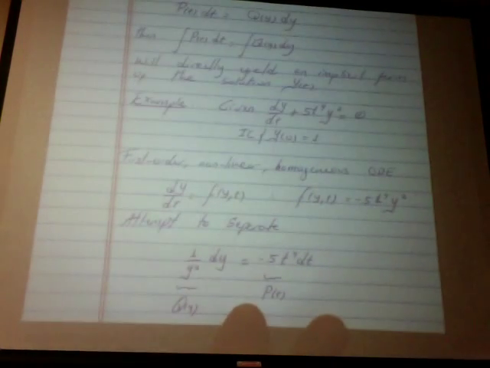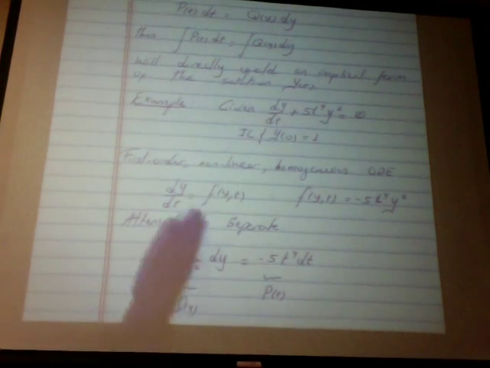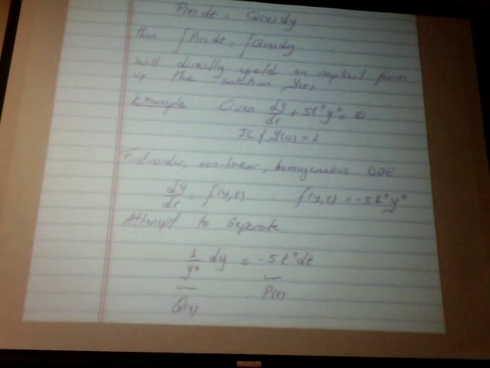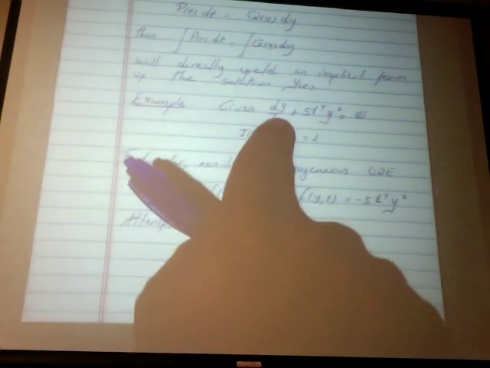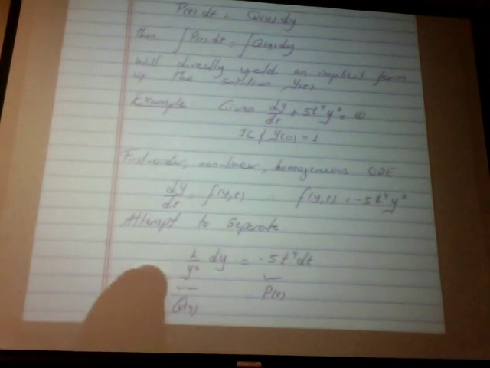So this one is separable. This is the same equation here, just written slightly different. And if the left-hand side is equal to the right-hand side, which it is, because this is the equation given to us, then the integral of the left-hand side should be equal to the integral of the right-hand side.